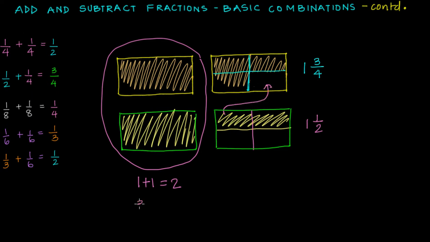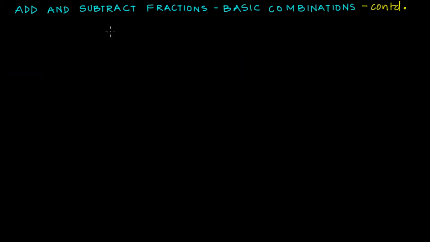So 3/4 plus 1/4, and that would give me 1 more whole, and then I'm left with this 1/4 of a bar of chocolate, which means I have 3 wholes and 1/4 of a bar of chocolate. So let's write that down. 1 and 3/4 plus 1.5 equals 3 and 1/4.